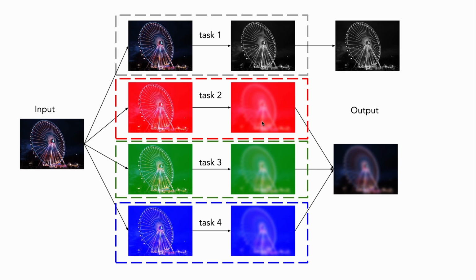So we're gonna process the blur effect for the red channel, for the green channel, and for the blue channel, and then combine them afterwards in a single image. And then we have a color image with this blur effect applied. So with that, let's jump into the code and show you how you can use multiple accelerators.